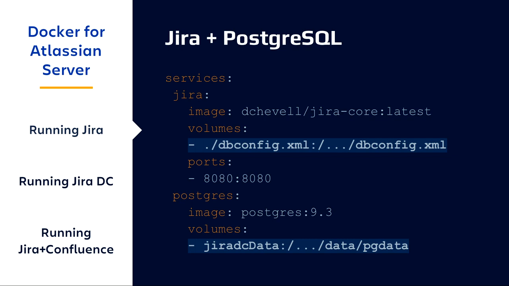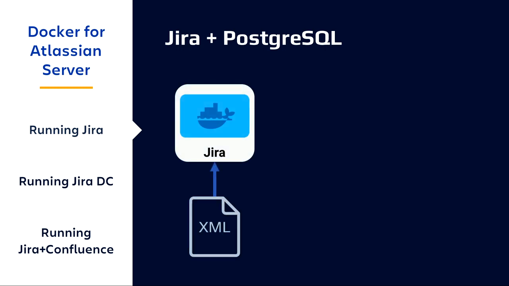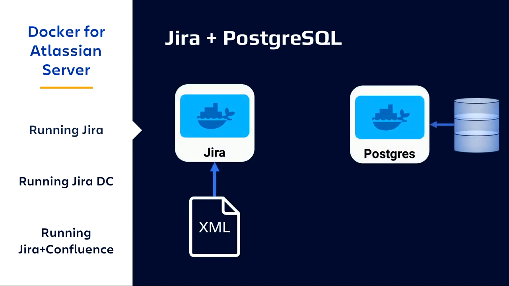And also we define the persistent volume for the Postgres container, which allows Postgres to store the data. If you want the data to be persisted across the stops and across the restarts, then it's essential. So once again, we have Jira with some XML configuration. We have Postgres with persistent volume mounted into it.